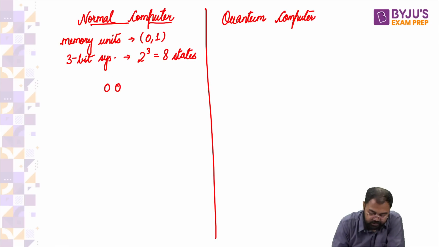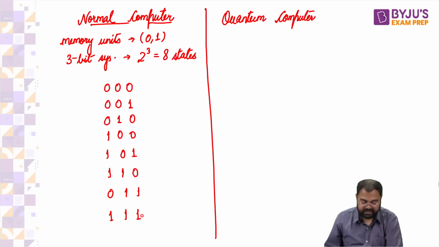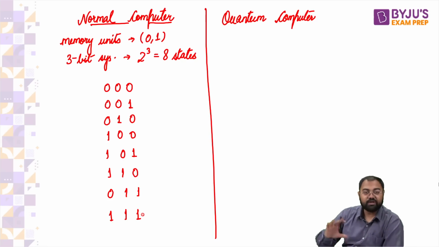So like this: 000, 001, 010, 100, 101, 110, 011, and then 111. Correct? These are the 8 states that will be produced if you have only 3 bits to use. And if you had 4 bits, you would produce 16 states.